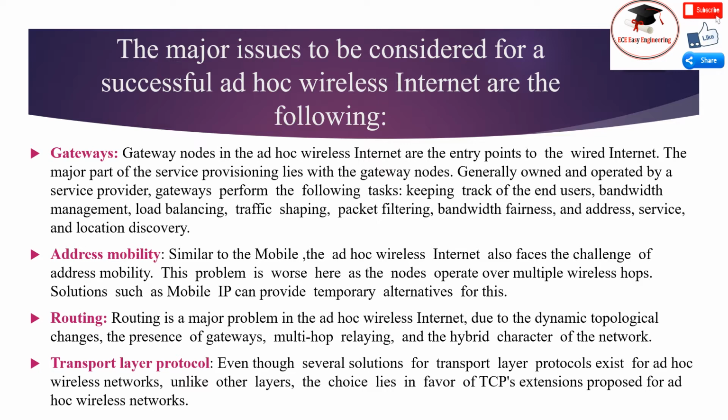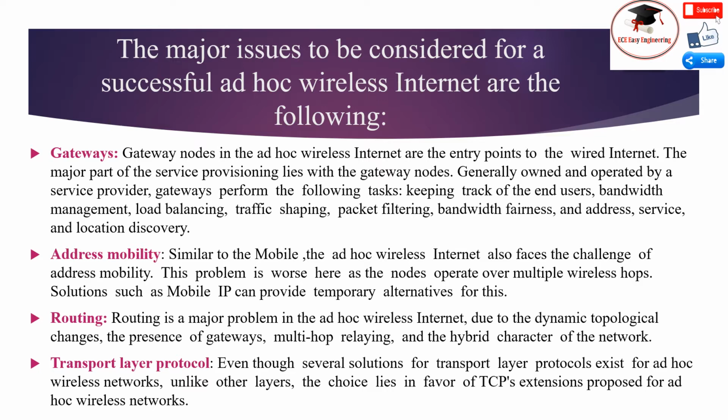Address mobility. Similar to the mobile internet, the ad hoc wireless internet also faces the challenges of address mobility. This problem is worse here as the nodes operate over multiple wireless hops. Solutions such as mobile IP can provide temporary alternatives for this. Routing.